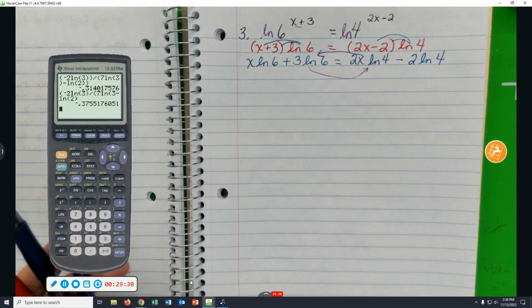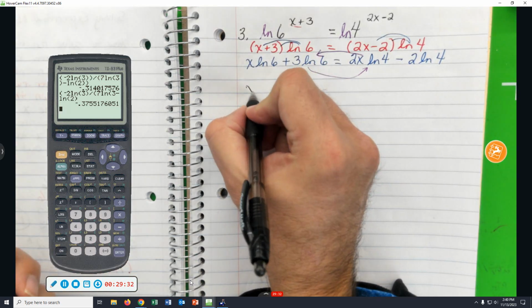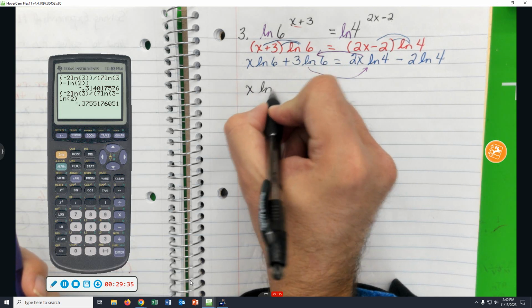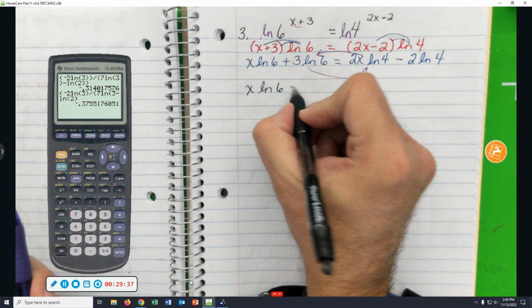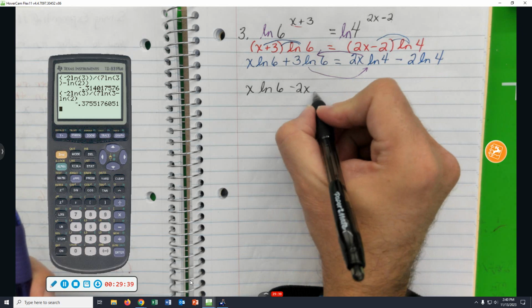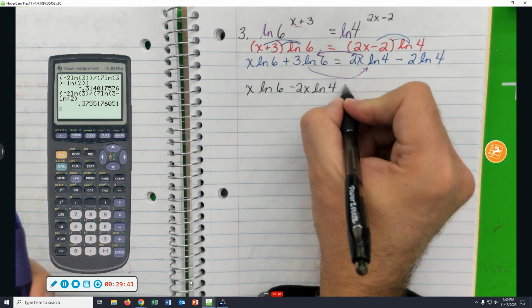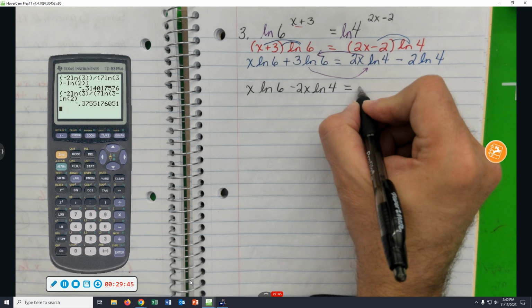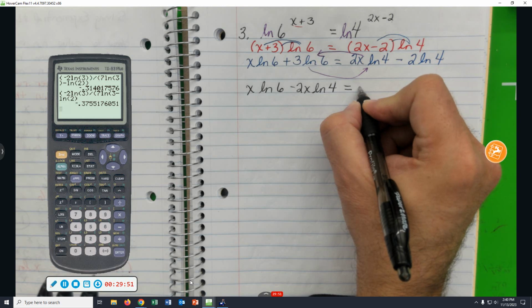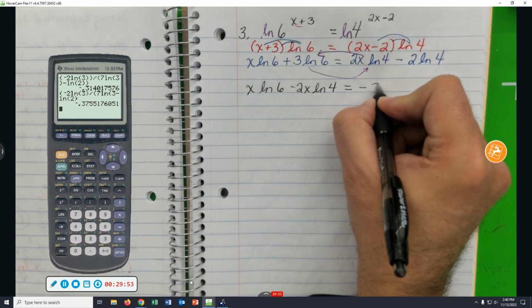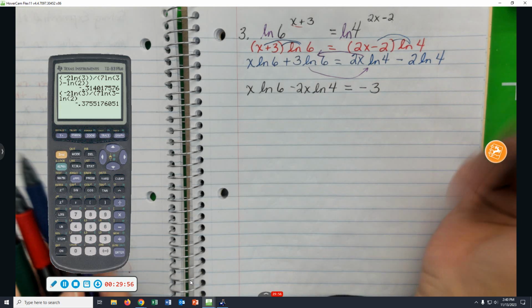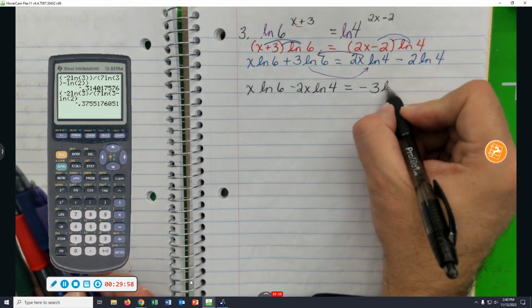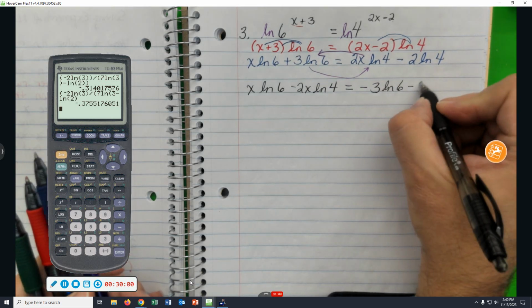So we have x ln 6 minus 2x ln 4 equals, here it doesn't matter which one you write first. The negative 3 ln 6 minus 2 ln 4, or if you want to write negative 2 ln 4 minus 3 ln 6. It's not going to be real pretty.